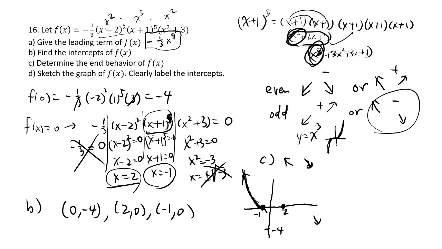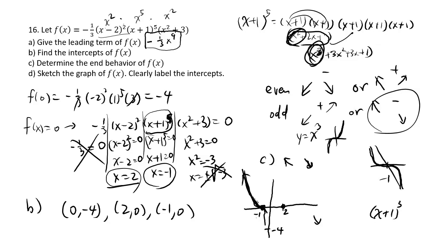So if you magnify that, it goes like this. It touches and then goes like that. If you simply had x plus 1 with no power, it just goes straight through. But if you have x plus 1 cubed or to the 5th power like that, then the graph will touch it and go. Okay.